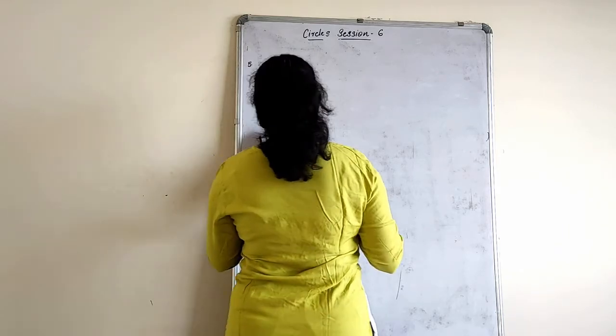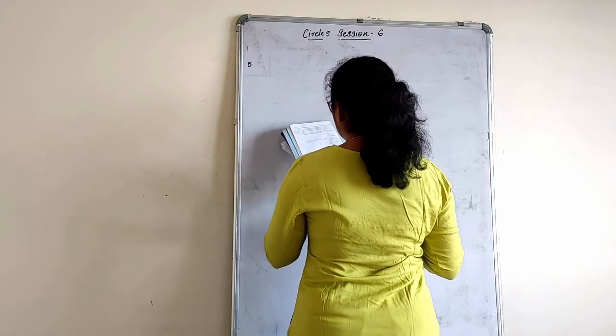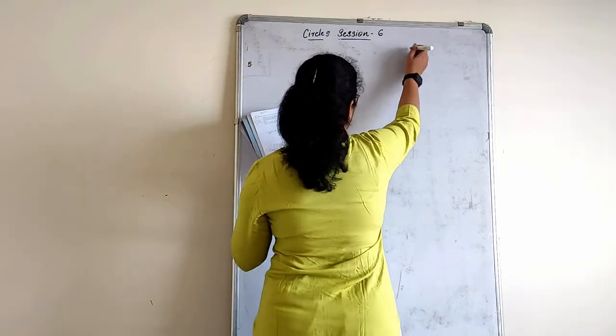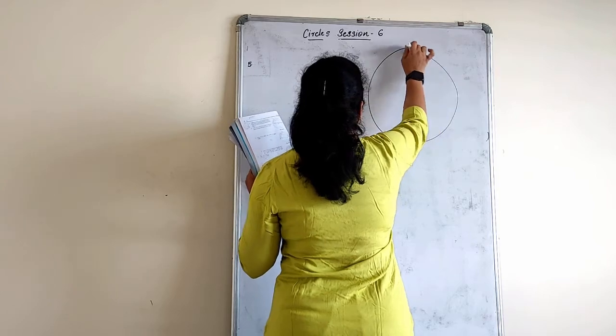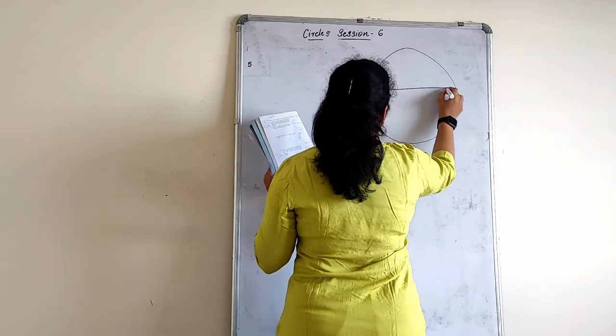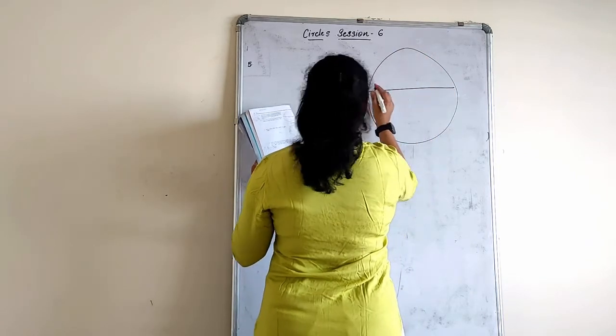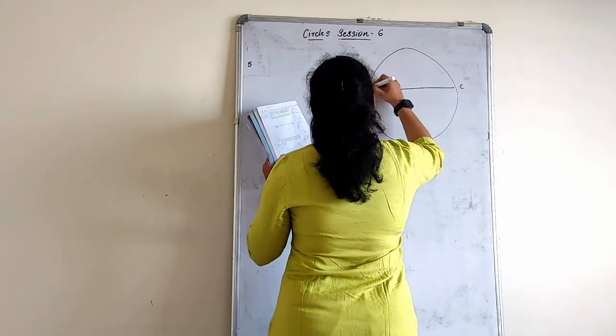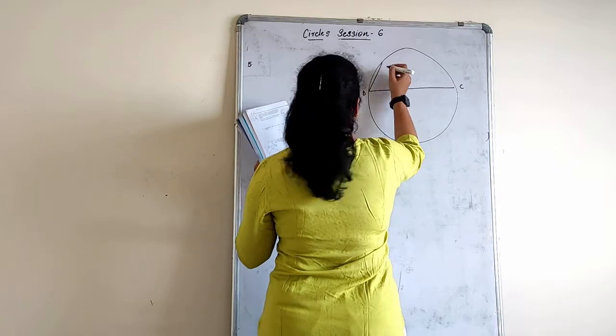In the figure, ABCD are the four points on the circle such that AC and BD intersect at point E. Again here, if you can see, there is no center given. So the center might be somewhere here, remember. ABCD are the points.